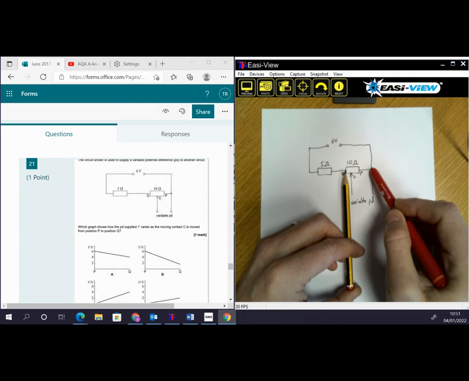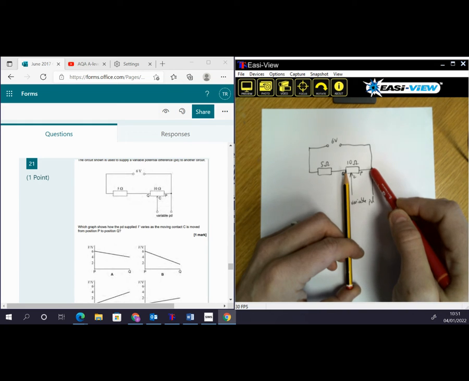So 10/15ths, you will hopefully be able to see that will simplify down to 2/3. So 10/15ths is 2/3. So that will drop to 2/3. 2/3 of 6 volts is 4 volts.